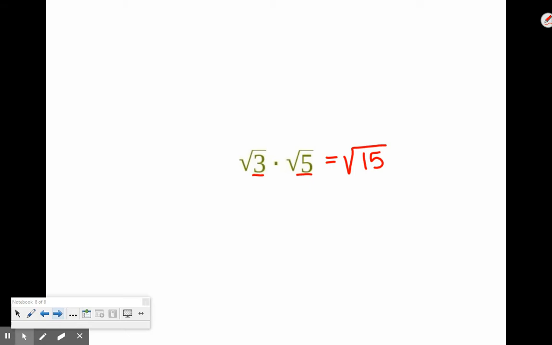Then I look at the square root of 15 and ask, can that be simplified? Well, I've got 5 times 3, 15 times 1, and I think that's it. Notice that there are no perfect squares. So that means the square root of 15 is the most simplified we can get.